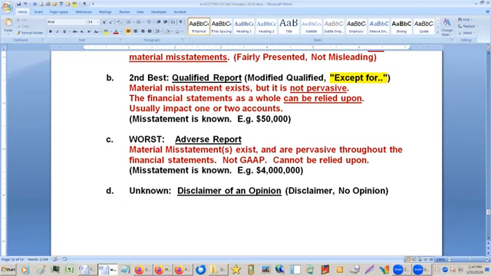Okay, so when does this come about? The auditors are unable to gather enough evidence to form an opinion.